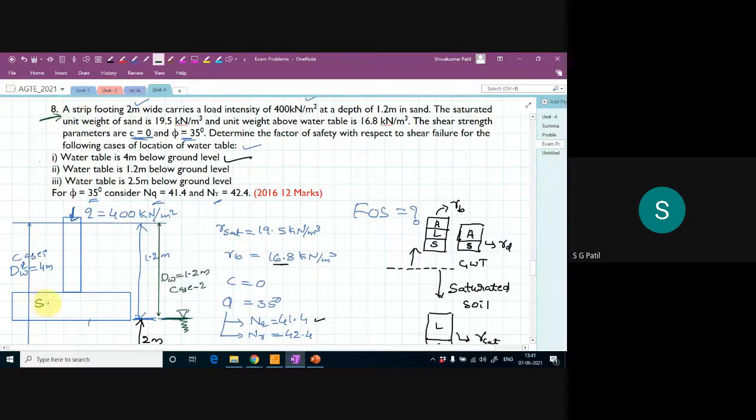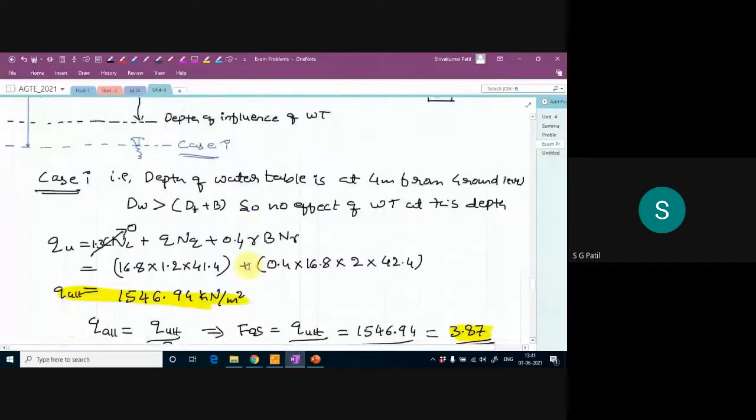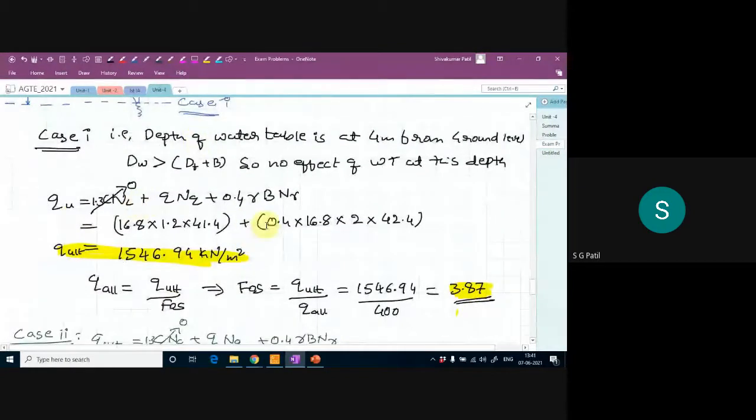So strip footing. The width of the strip footing is 2 meter. In that case, what changes are going to happen here? Instead of this 0.4, now it is 0.5.